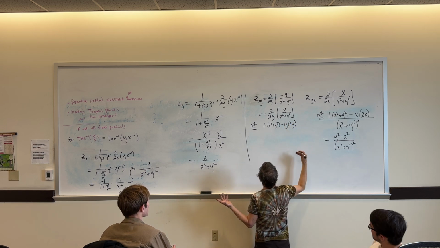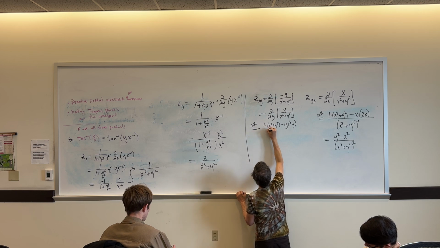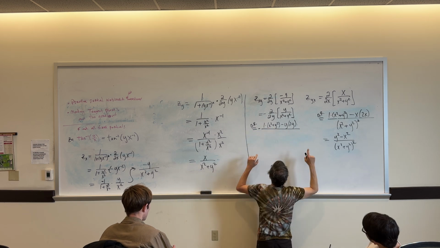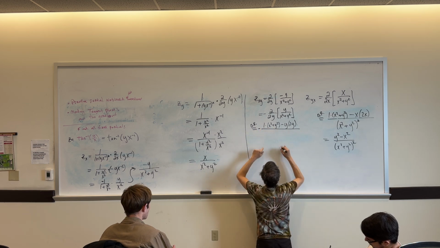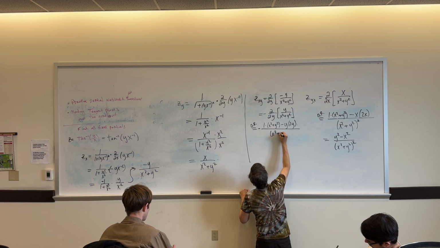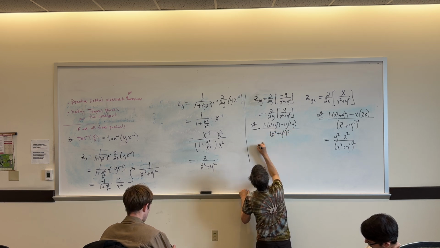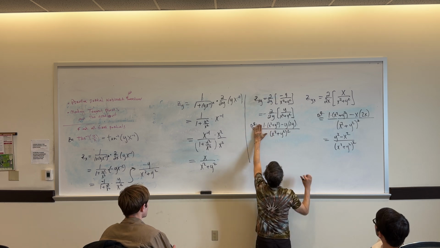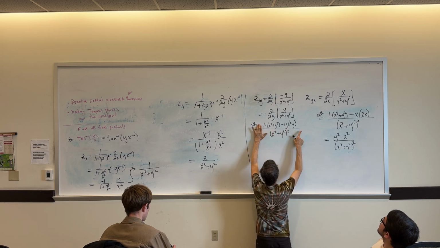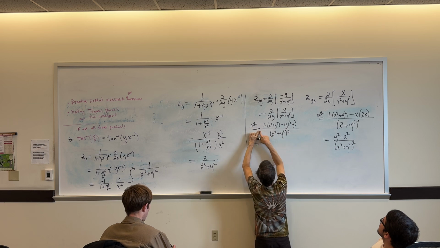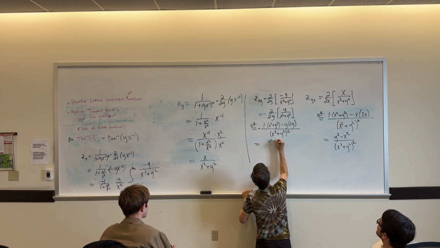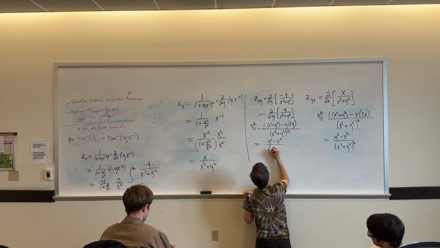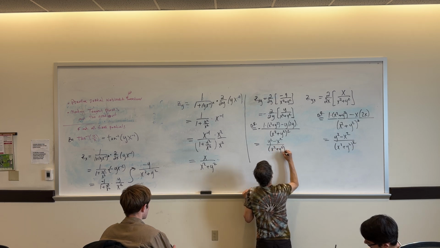Very similar, right? But I also have this negative out in front. It's similar, it's not exact until I remember that negative out in front. And so now, without the negative, it's x squared minus y squared. But because there's a negative, it's exactly the same as the other mixed partial.